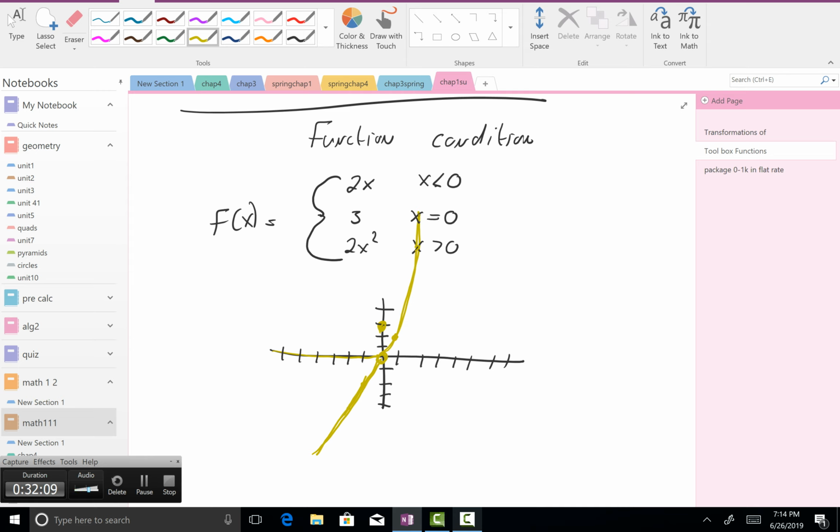So when you go in there, I'm going to go y equals, and we need that curly bracket. I can get that by doing the ABC and hitting here. I'm going to put a y equals in front, though I don't have to.